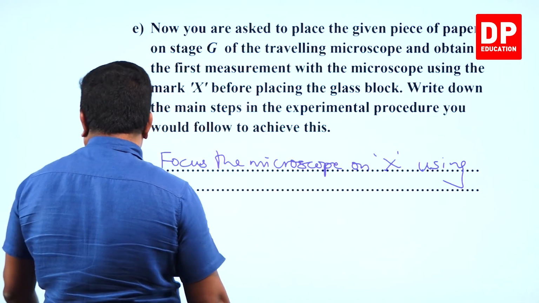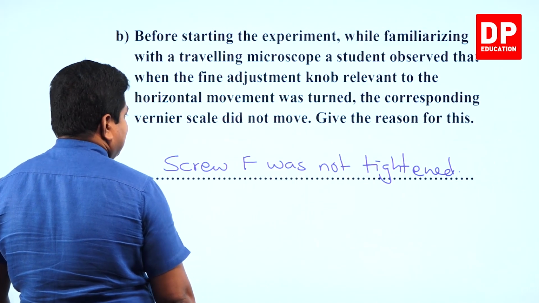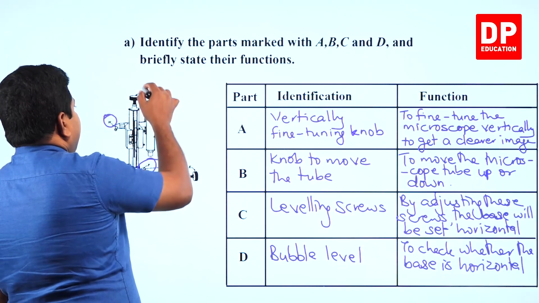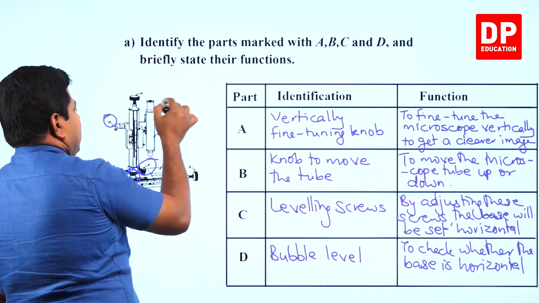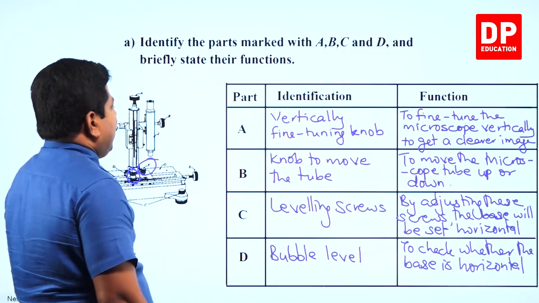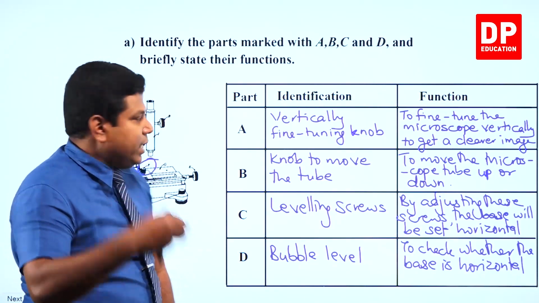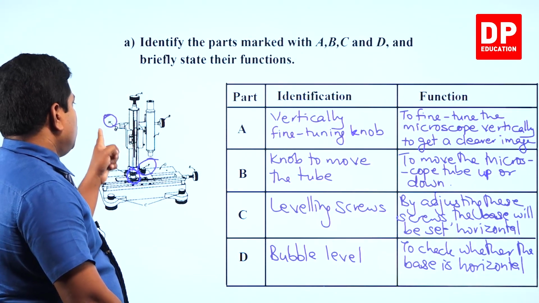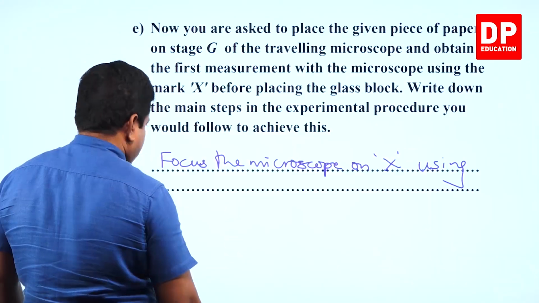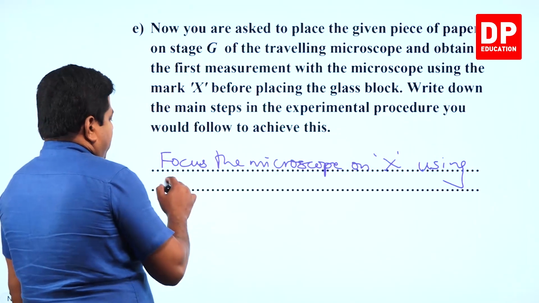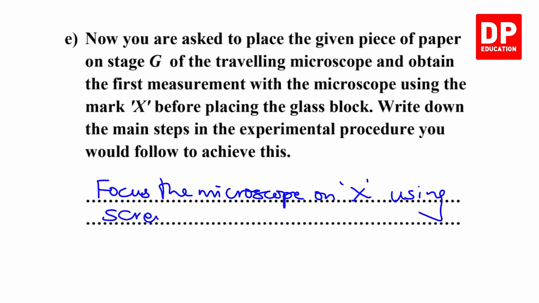Let's use the names in the diagram. Let's go and see the names for them. It's easy. The names are: A is for fine tuning, H is for large scale, right? So we can say focus on the cross vertically using screws A and H. Simple. Or will you write in the other order?